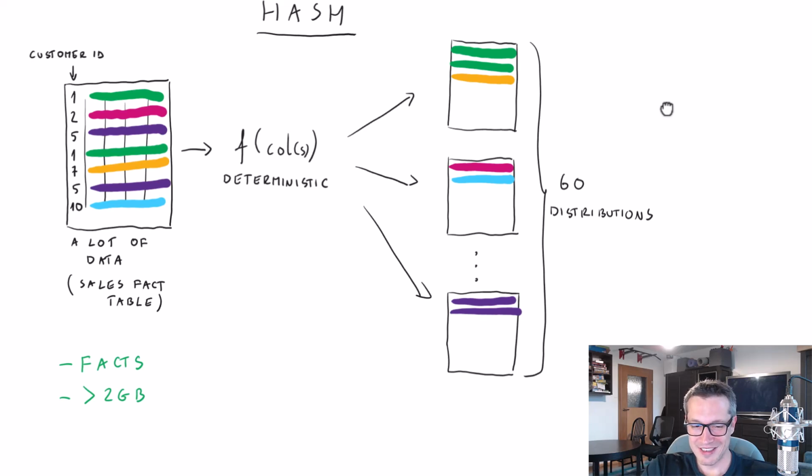But honestly, 2 gigabytes is not a lot of data, especially that we know that dedicated SQL pool is meant for those huge workloads. But basically, a rule of thumb for hash distribution is to use this for fact tables that are huge by nature.